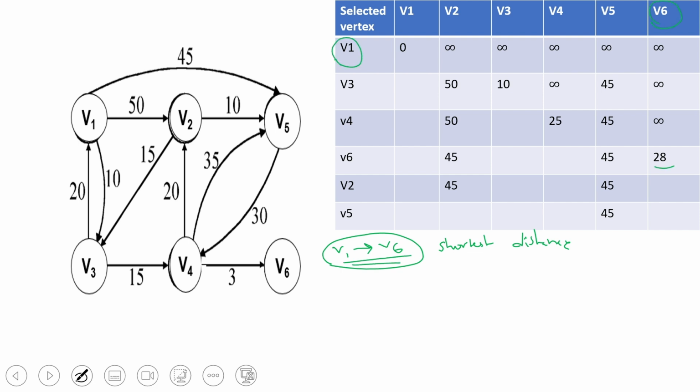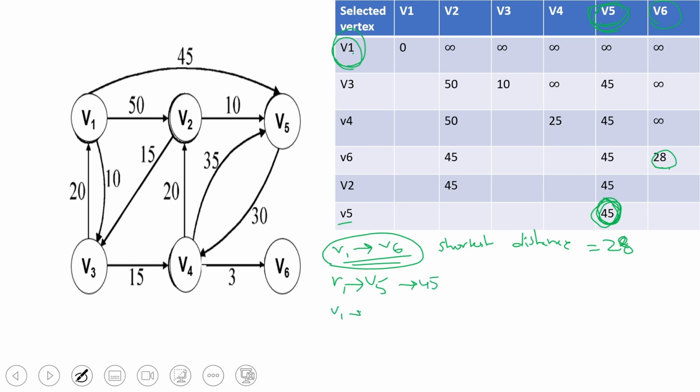The last value is 28. So 28 is the shortest distance from V1 to V6. Okay. Next V1 to V5. What is the shortest distance? 45 is the shortest distance, V1 to V5.